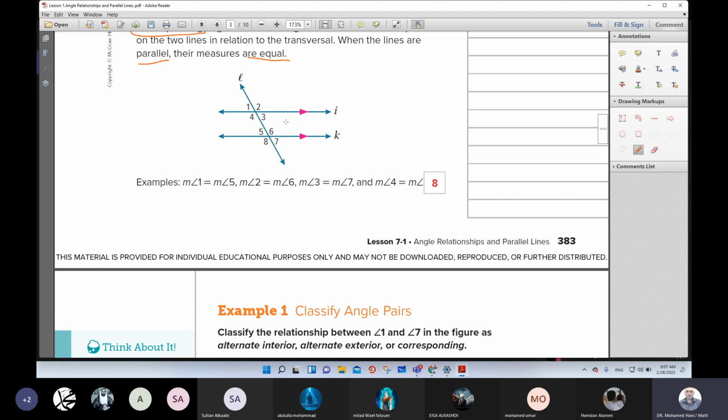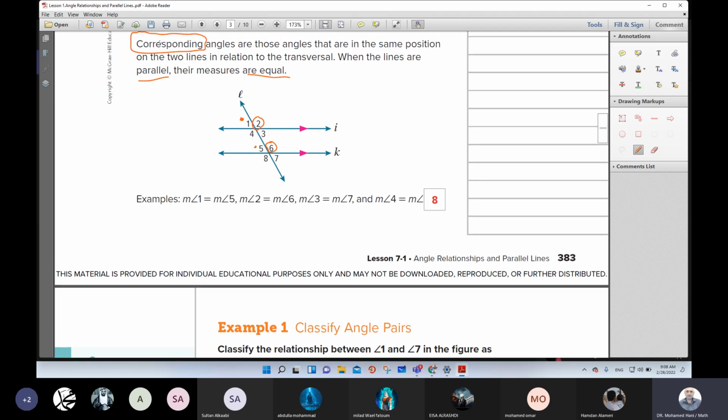Corresponding angles means one angle outside, like 2, and one angle inside, like 6, in the same line, like 1 and 5. One angle inside and one angle outside, in the same line and on the same side. This is the meaning of corresponding.